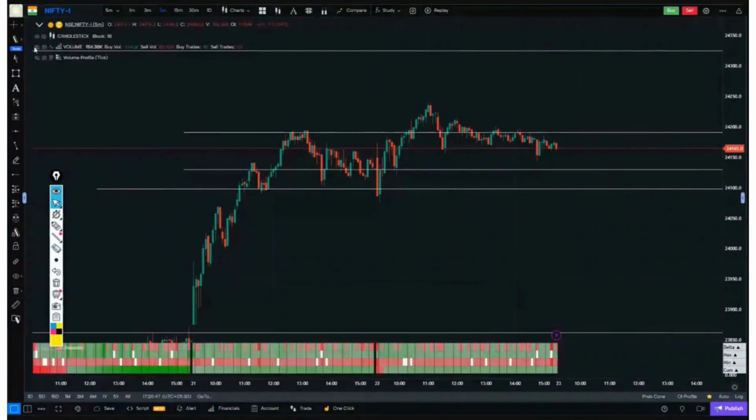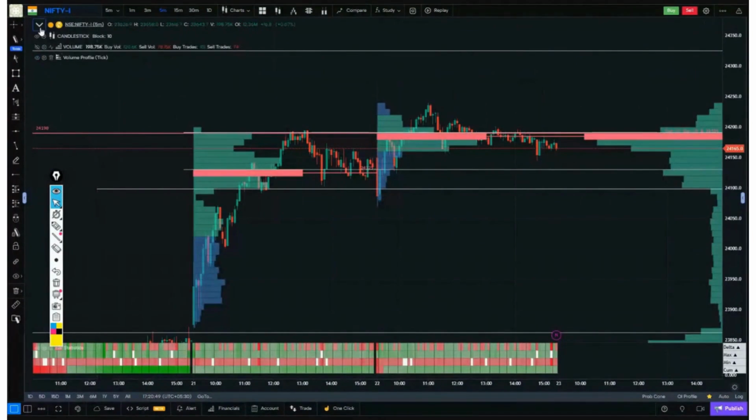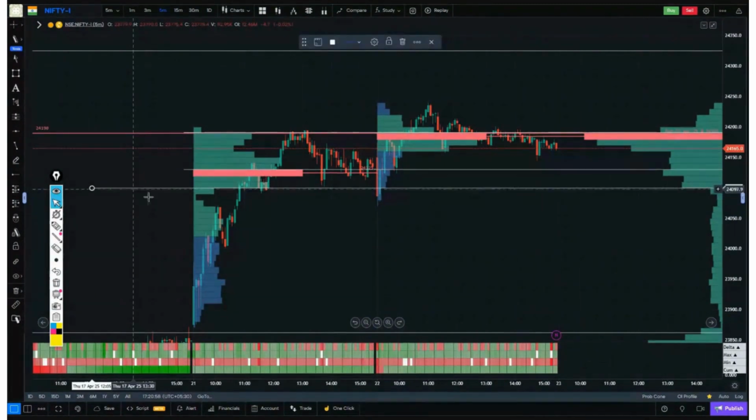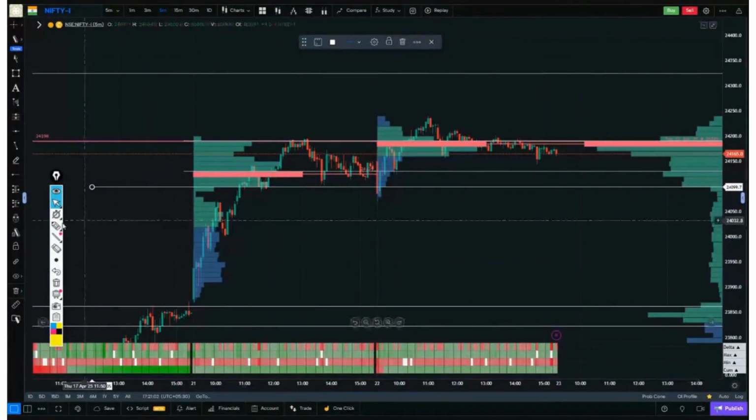Before moving to the footprint, let's take a look at the volume profile levels to see what confirmations the volume profiles have provided us. If we look at yesterday's volume profile, there was a significant large node.